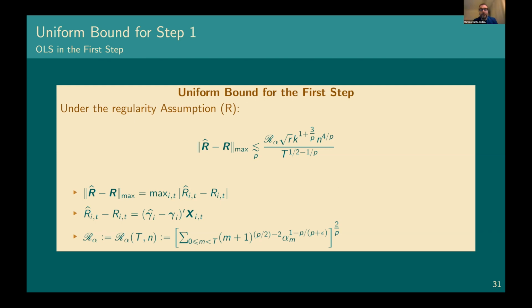They wanted us to make the alpha mixing coefficients explicit in our results. That's what this R alpha is about. If you assume the same rate for everybody, this calligraphic R becomes a constant. So this is the first step, what we call the rate of the first step. You can call this a ladder, a Greek ladder, that will propagate to the other steps.